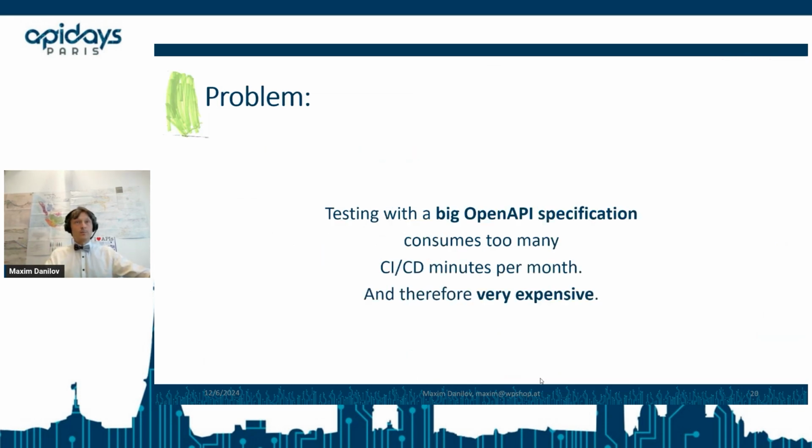And the problem is if I have big OpenAPI documentation for services, to get it, to parse it, and to create code, it consumes too many CI/CD minutes in a month, and therefore it is very expensive for a big project.